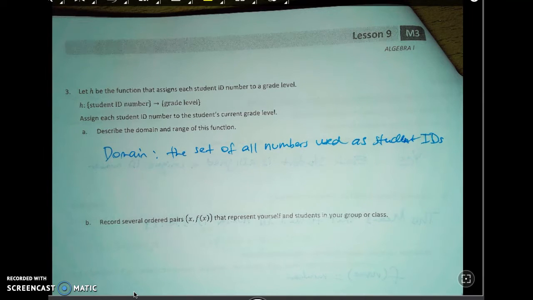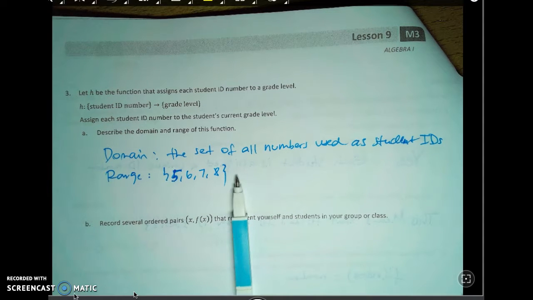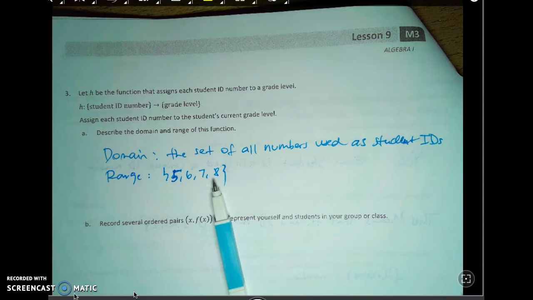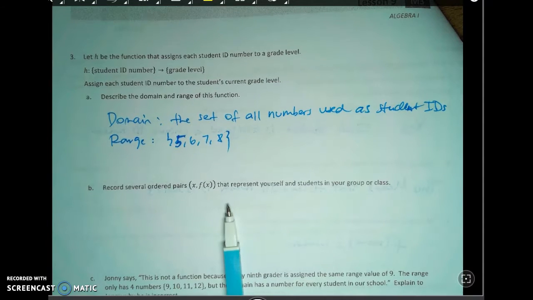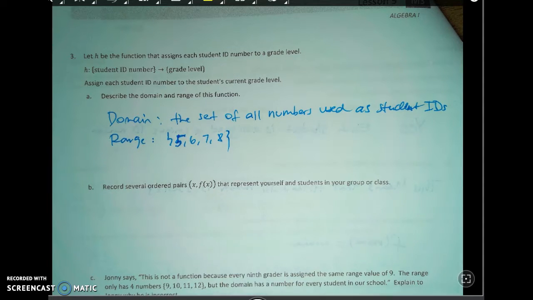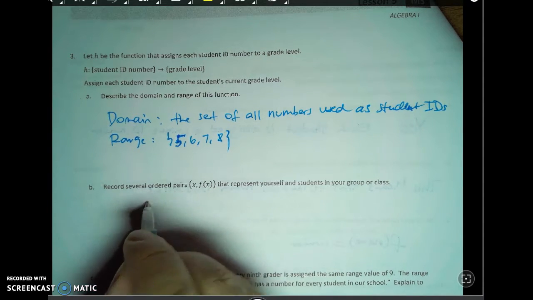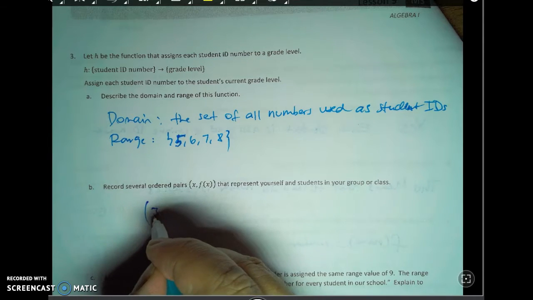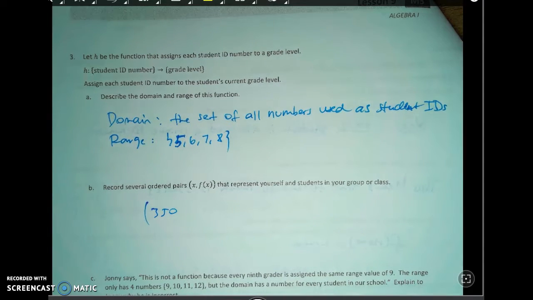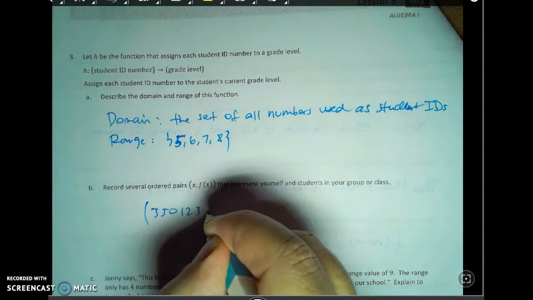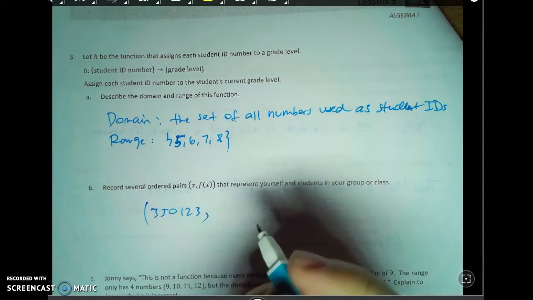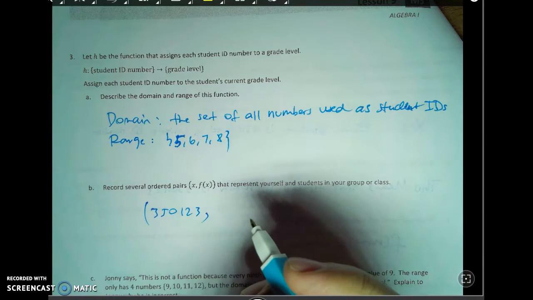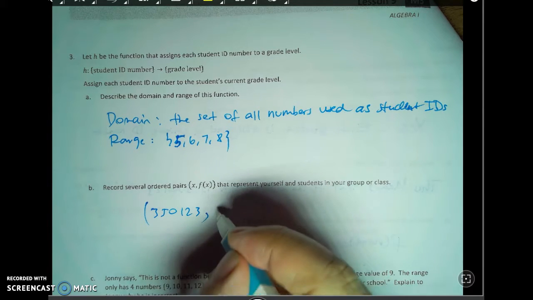And then the range will be just all 4 grade levels. To record an ordered pair, I can write down a number, let's say whatever Hilda's number was, 350123, and I could put that she is in 8th grade.